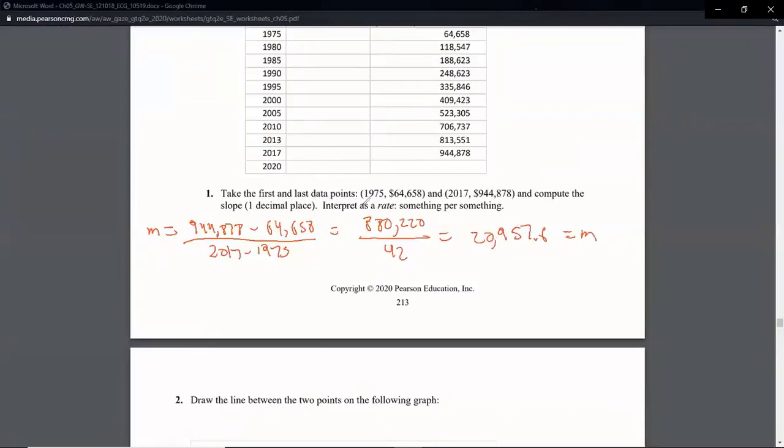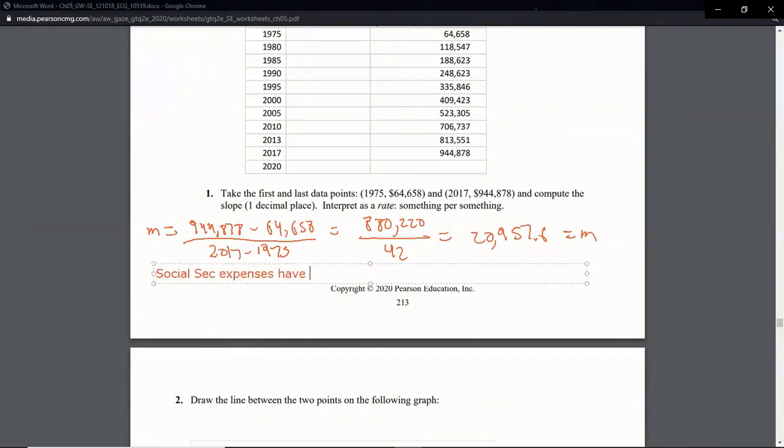And then they say to interpret this as a rate. So that cookie cutter sentence that we have done before. So we would say that Social Security outlays, that's the output, expenses. So outlays, expenses, same thing.